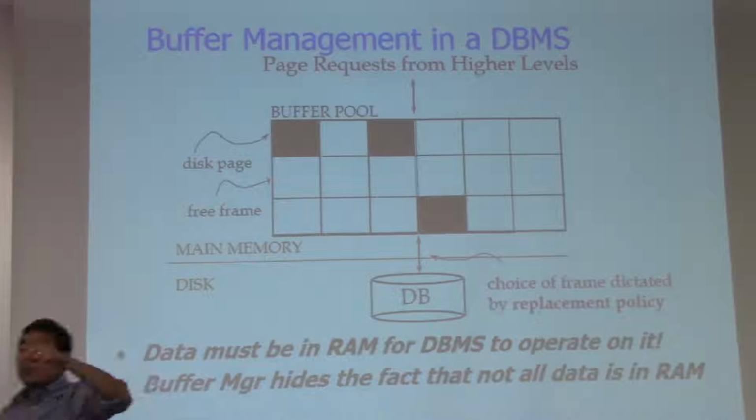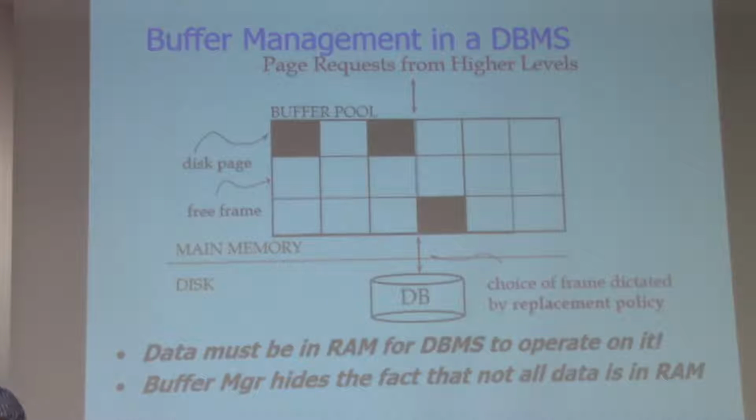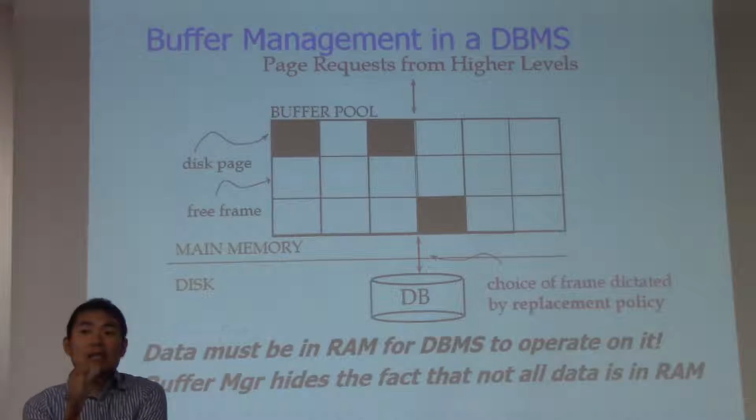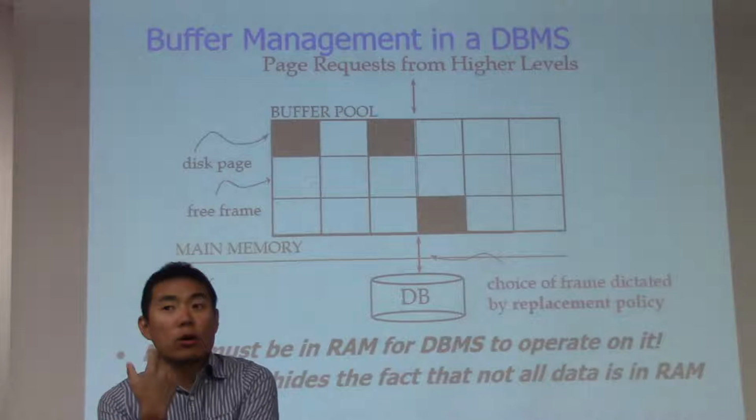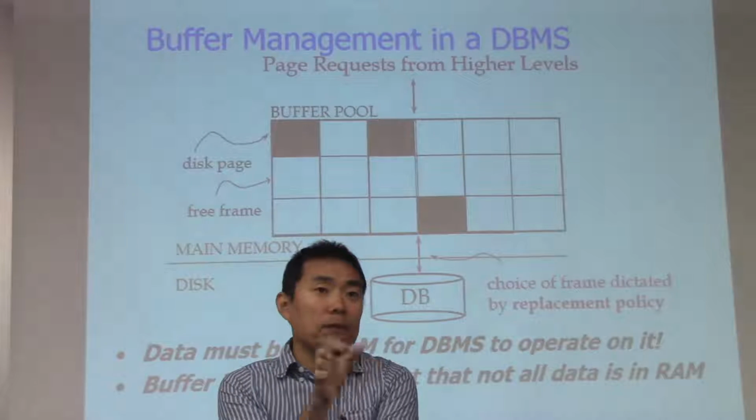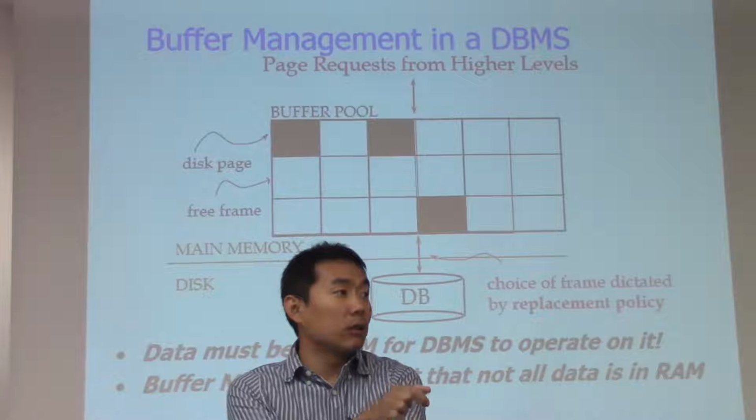The page ID tells you, if a frame is occupied, which particular page from disk this frame is holding data for. And the pin count is a number to indicate how many concurrent threads or processes are accessing the page on this particular frame.